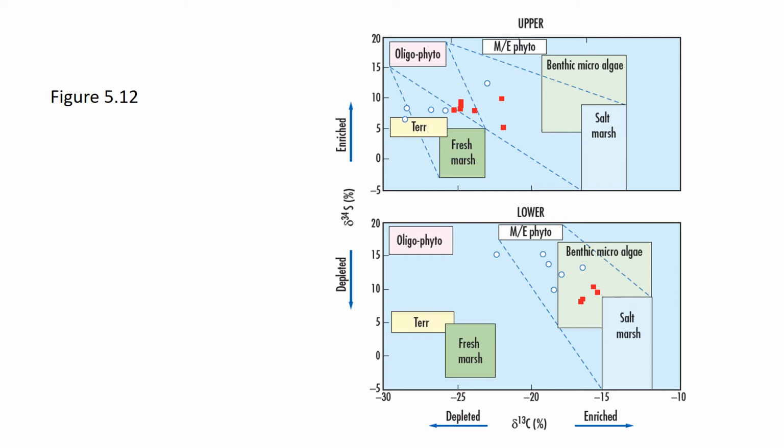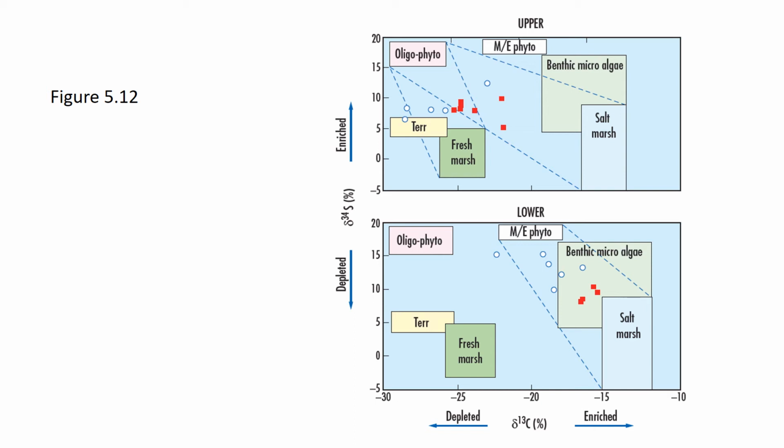And what we can determine is the source of food that is utilised by either pelagic organisms, so they're the organisms shown by the open circles, or benthic organisms, which are the organisms shown in the closed red squares.